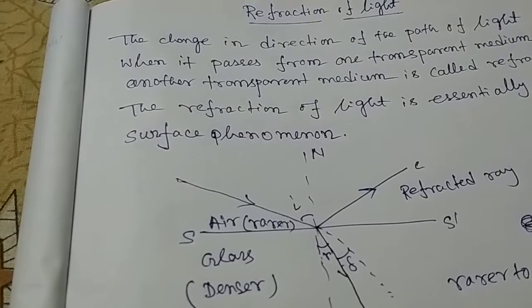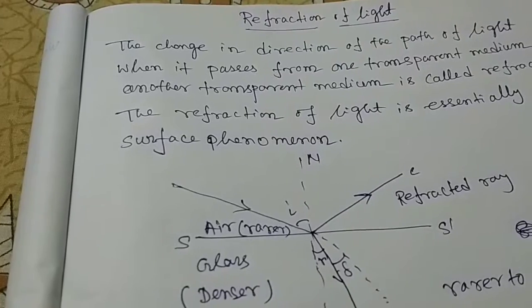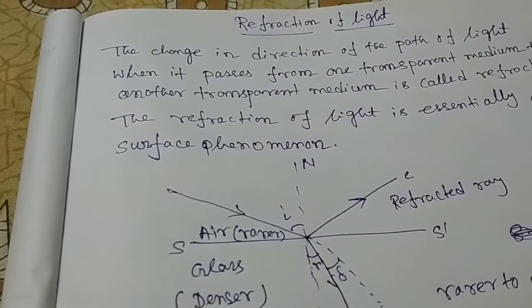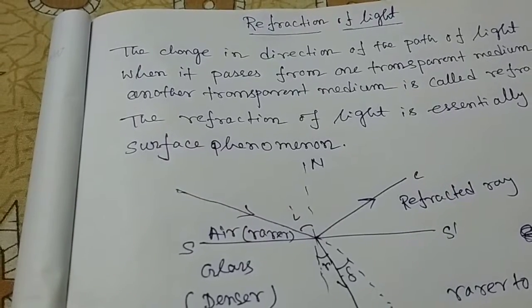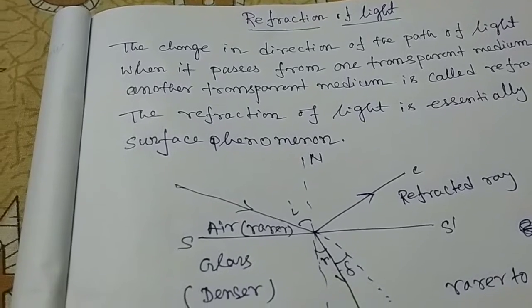The remaining part of light enters into the other medium and travels in a straight path different from its initial direction and is called the refracted light.